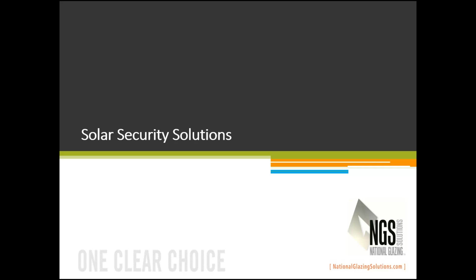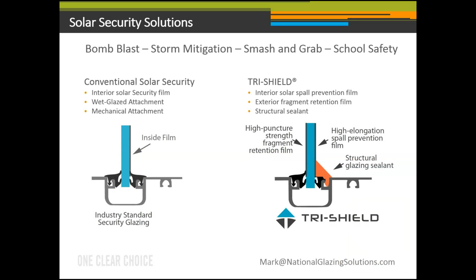So let's take one look at a particular type of solar security solution, and that is our Tri-Shield, in contrast to what I mentioned earlier as more a conventional solar security solution. The best way to illustrate Tri-Shield is side by side with that other conventional solution. Both of these are very good, but they are also very different.